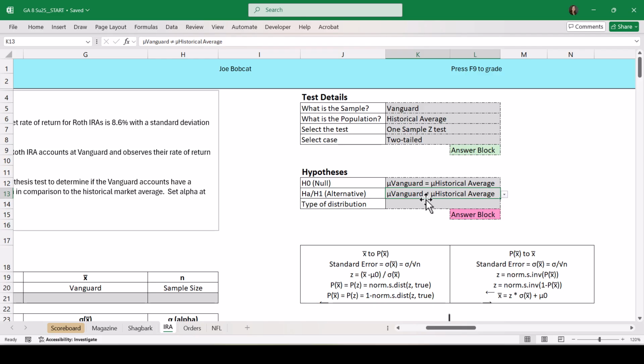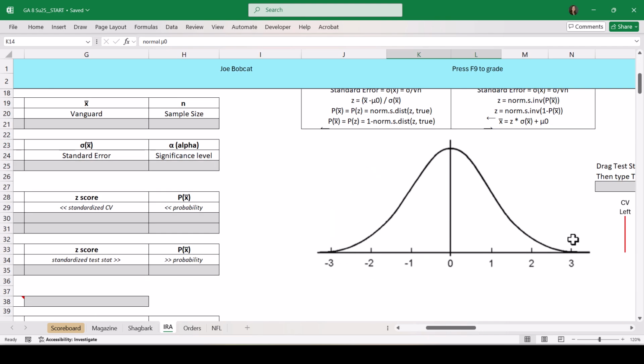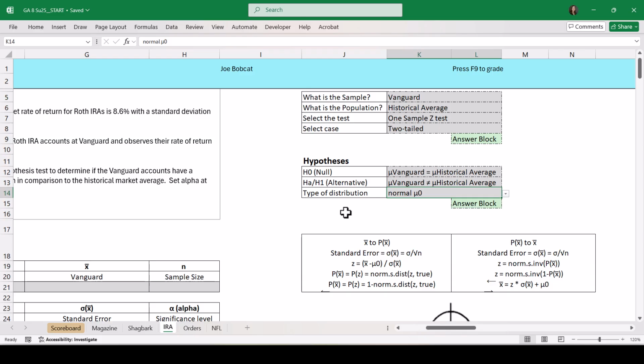It doesn't have a direction greater than or less than, and that's because we're considering both. When we do these tests, we are going to use the distribution of sample means. So sample means are normally distributed, so we can see the likelihood of obtaining our sample mean, and then we can evaluate that and determine if we're going to reject or fail to reject the null hypothesis.